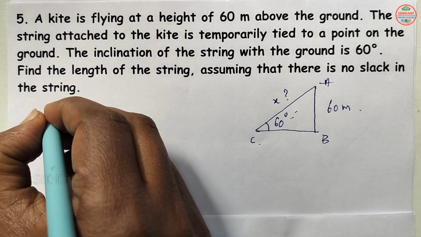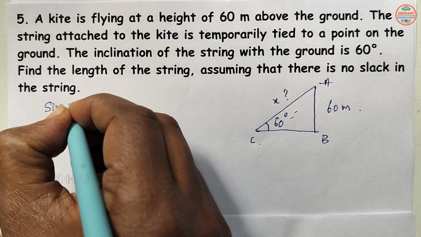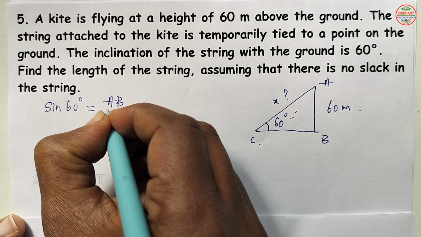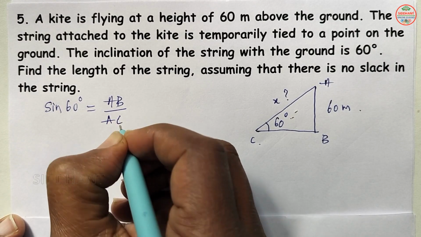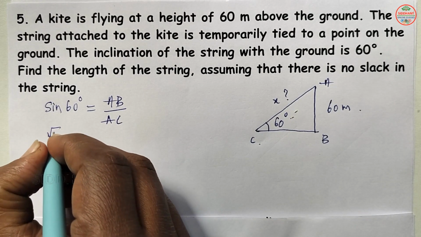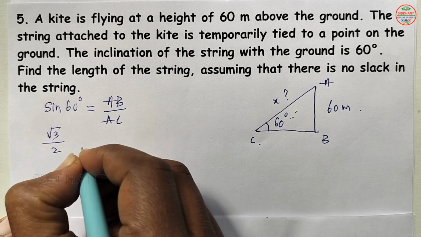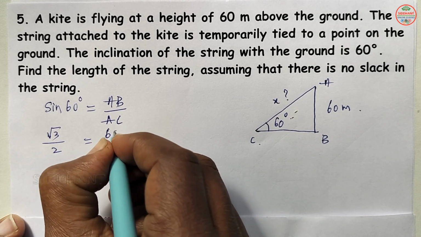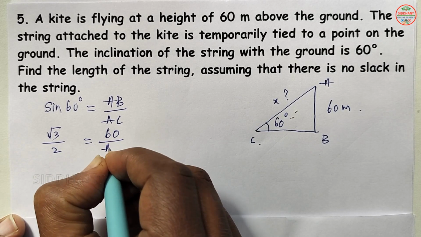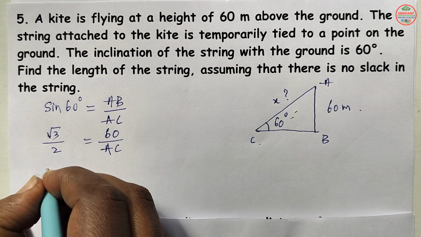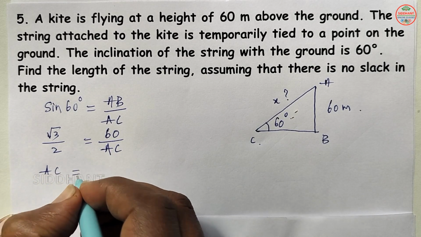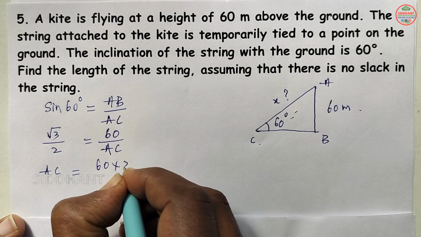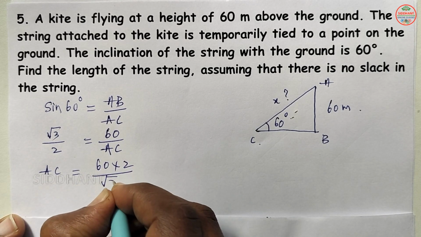So here we first take sine 60, which is AB by AC. So sine 60, which is root 3 by 2, AB is given 60 meters, and AC we are going to find out. So AC equals 60 into 2 by root 3.